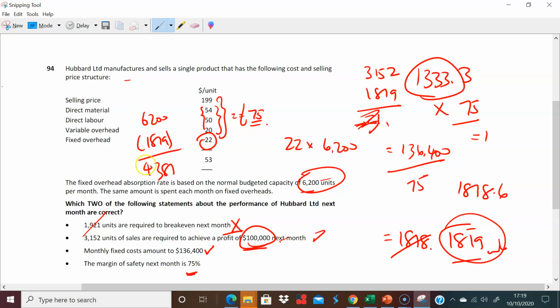And because I'm talking about starting from the budgeted output, I'll divide 4381 by 6,200, and you have 70%. So it's not 75%, it's 70%. So your answers are 2 and 3.